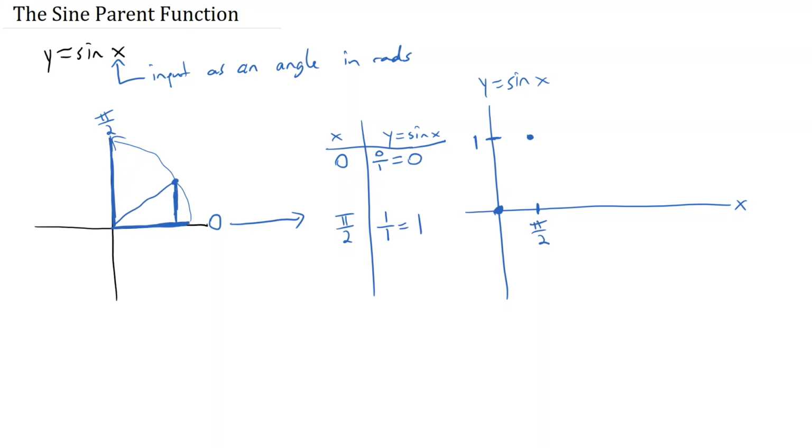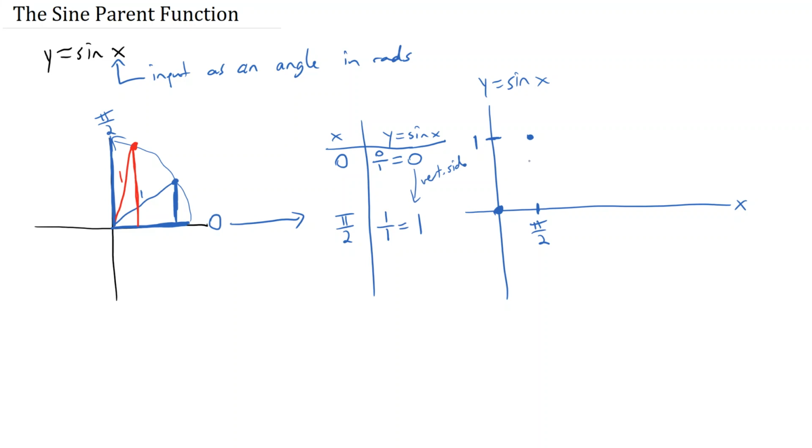The vertical side here is short while the hypotenuse is 1, and as you move up here and get closer to pi over 2 as your angle, your vertical side gets longer with the same hypotenuse of 1. So as you rotate from 0 to pi over 2, the vertical side goes from 0 to 1, so it's going to grow.